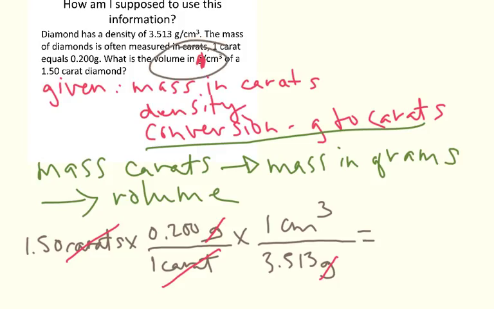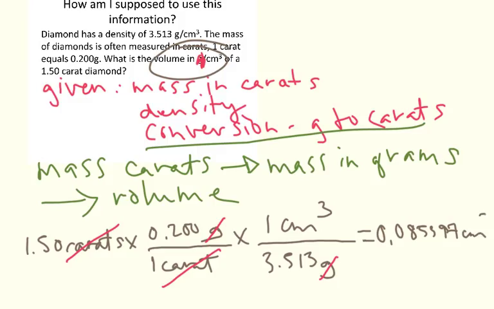Yes. I'm going to punch this into my calculator. 1.5 times 0.2 divided by 3.513. So I get 0.08539 cubic centimeters.